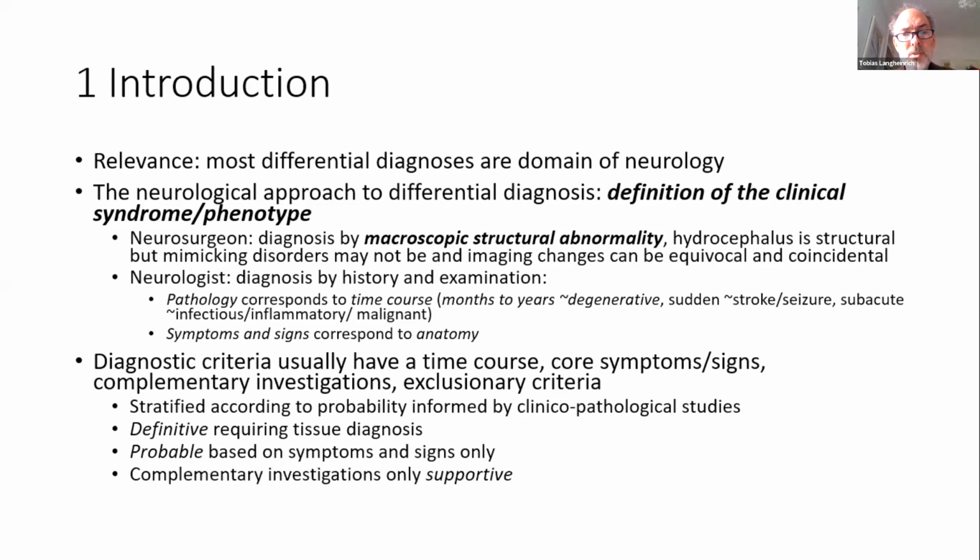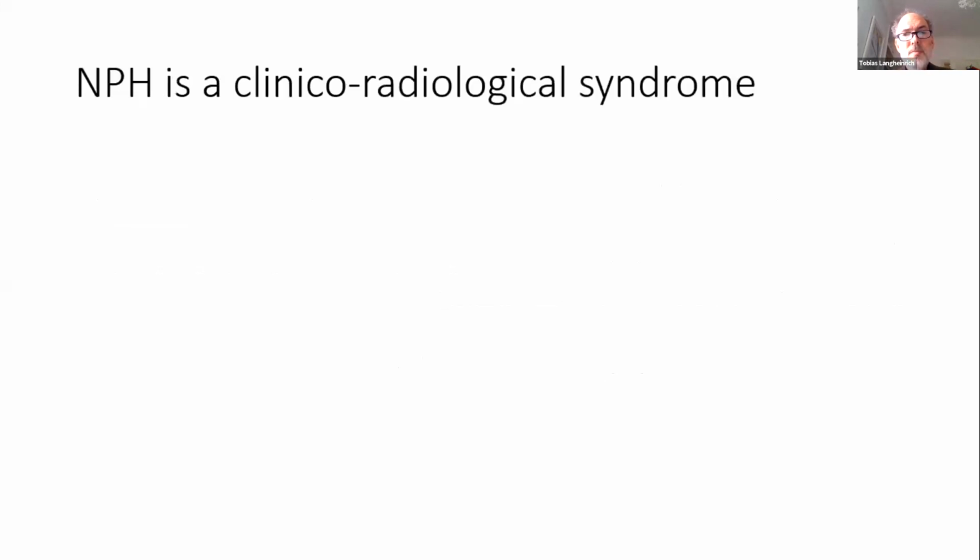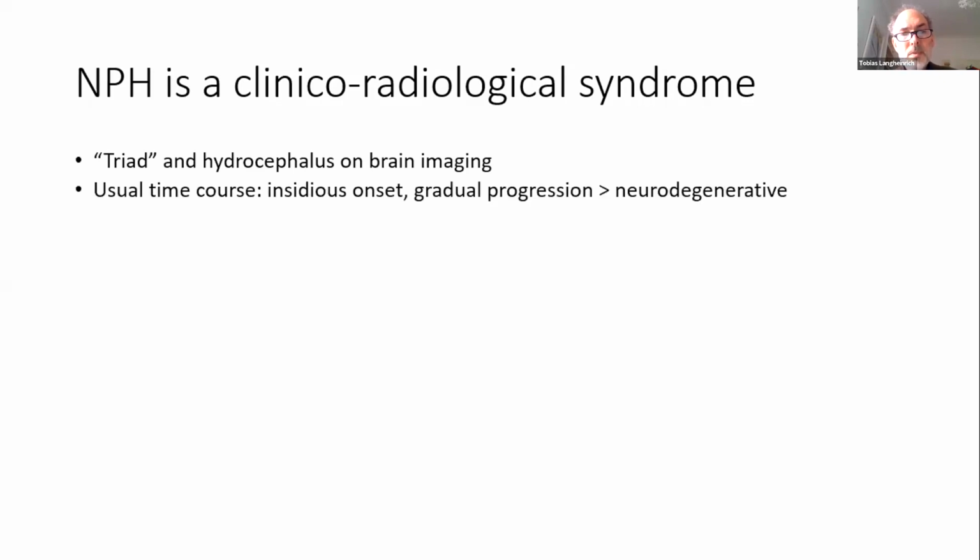So again, symptoms and signs, not complementary investigations. They are supportive. So what about NPH? NPH is a clinical radiological syndrome as opposed to a clinical pathological syndrome. It's a triad, and there's usually hydrocephalus on brain imaging. Well, not usually, there has to be.